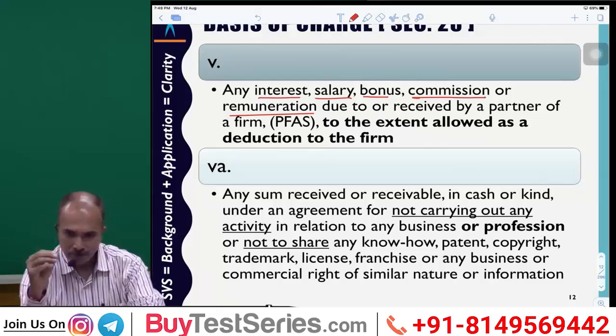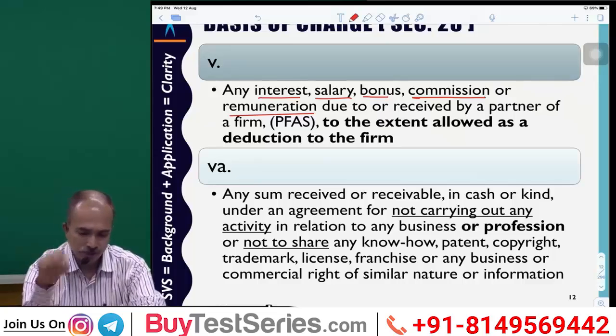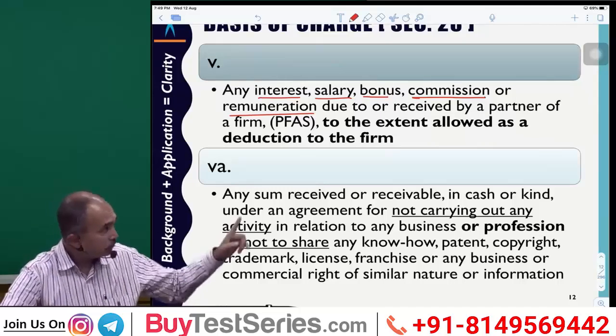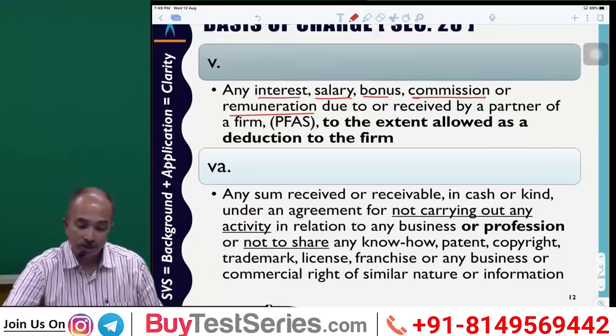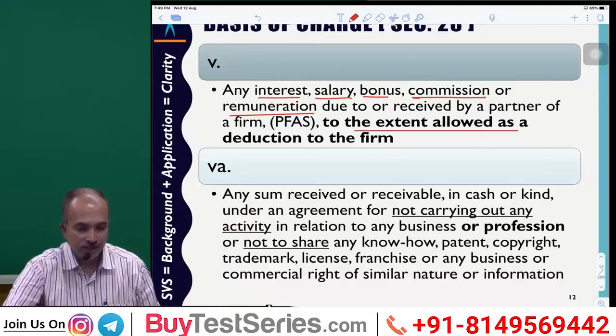I am a partner in a firm, I get salary. It is not taxable under salary, but taxable under PGBP. I get interest on my capital, not other sources, taxable under business profession. But very important point you have to read. It is income to the extent allowed as a deduction to the firm.